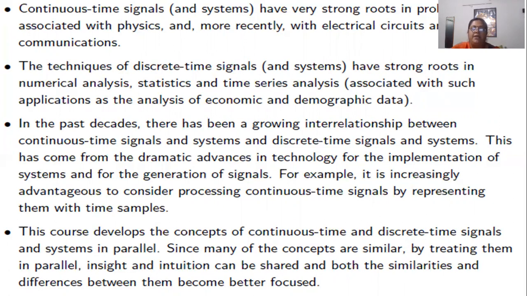In the past decades, there has been a growing interrelationship between continuous time signals and discrete time signals and systems. This has come from the dramatic advance in technology for the implementation of systems and for the generation of signals. For example, it is increasingly advantageous to consider processing continuous time signals by representing them with time samples.